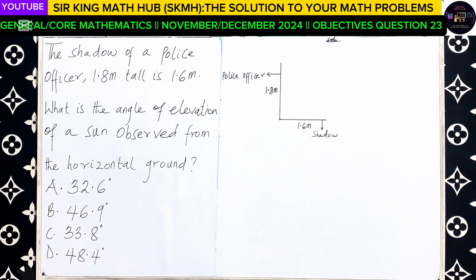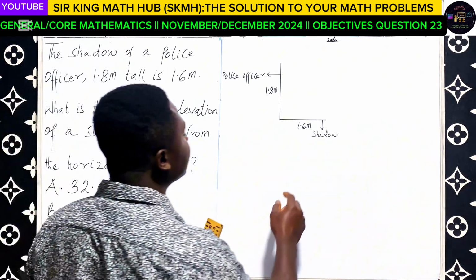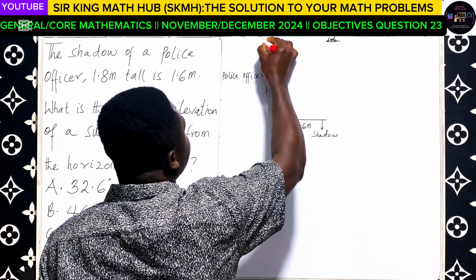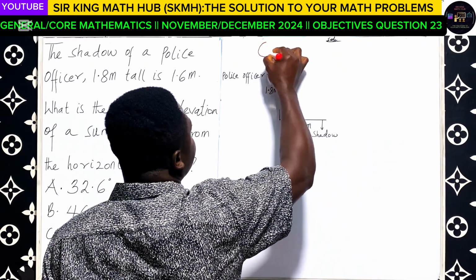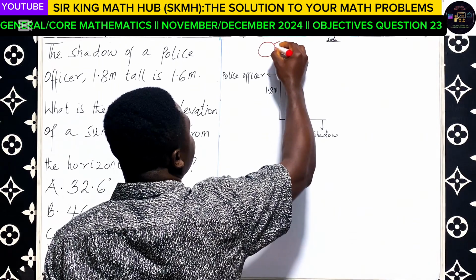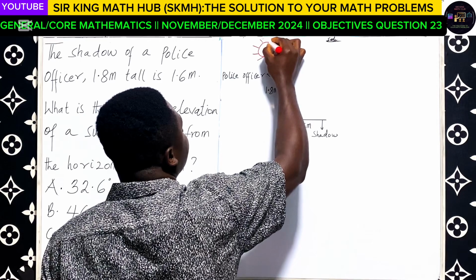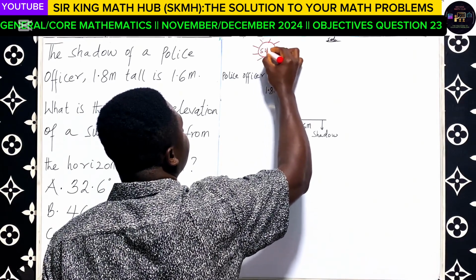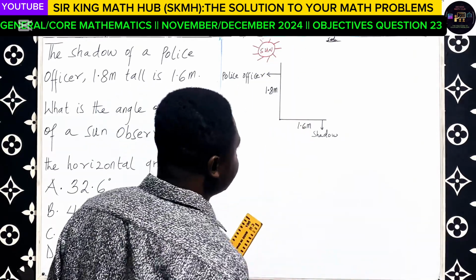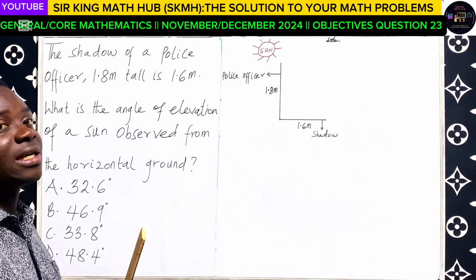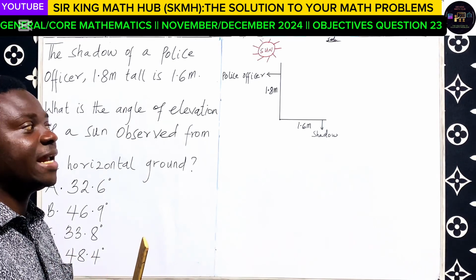Now let's continue. What is the angle of elevation of the sun observed from the horizontal ground? So we want the angle of elevation of the sun. So we have our sun here. We know that the angle of elevation is the angle above the horizontal line of sight.